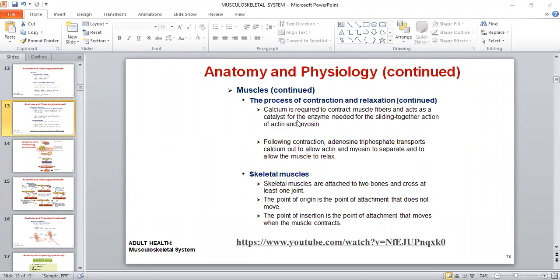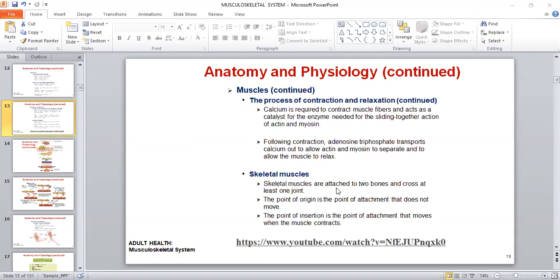So if you in NCLEX board, if you get a question, what can help the muscle to contract and relax muscle fiber? Calcium, right? Also, contraction is occurred because of adenosine triphosphate allow the actin and myosin to separate, allow the muscle to relax.